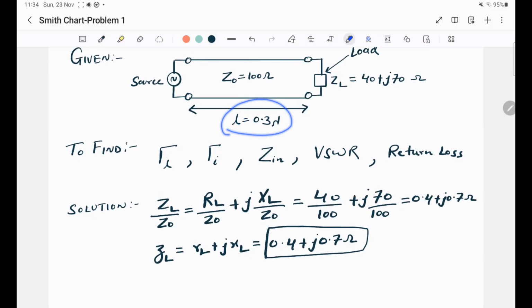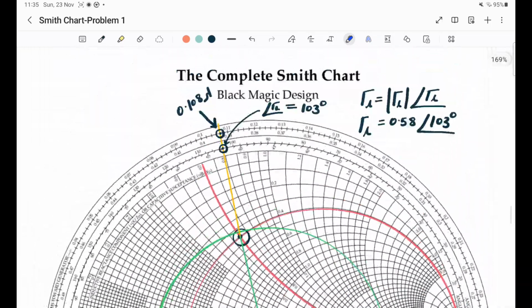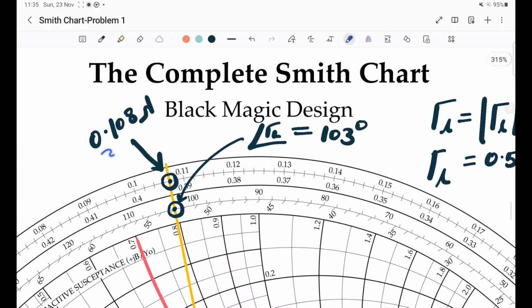0.3 lambda. Now you are sitting at this point ZL, and you need to find the value of the impedance at the input end, ZIN. So from here to here you need to move a distance of 0.3 lambda. So that is what we are going to do here. This point is 0.108 lambda.